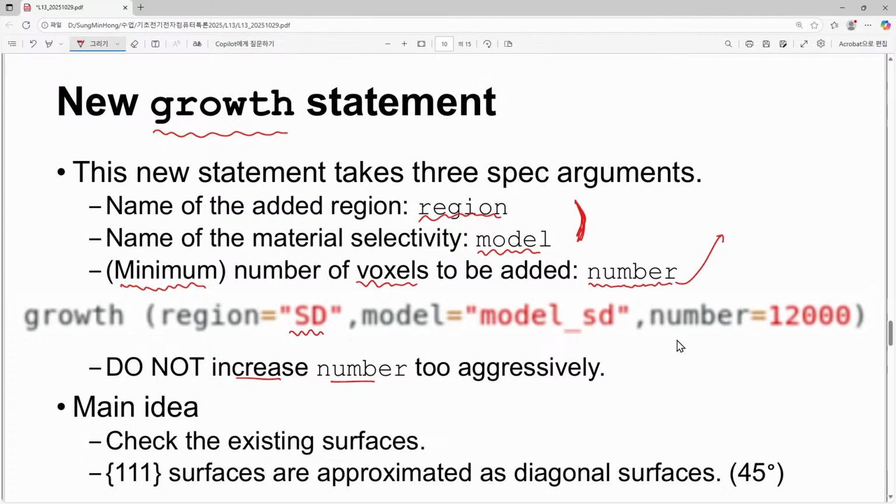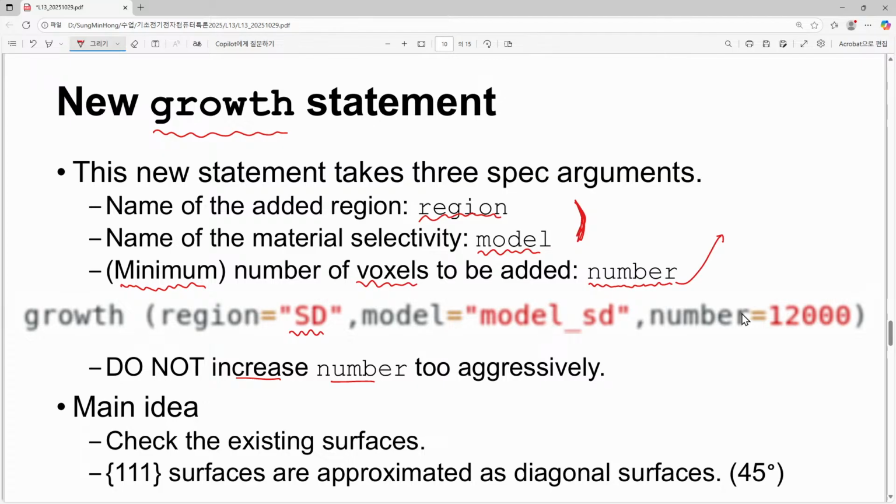Once the source and drain region is sufficiently grown that it cannot find any further place to add additional boxes, it just tries and fails, tries and fails, because in my C++ implementation we use a do while statement, and this while condition is whether the actual number of added voxels exceeds this number specification.